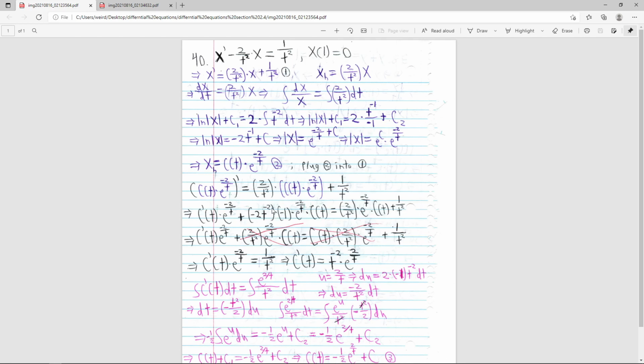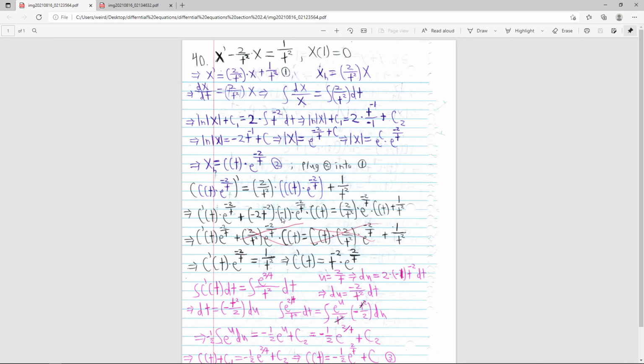When you have t squared, the derivative is 2 times t, like that. In this case, it's t to the negative 1, so negative 1 and t to the negative 2 power comes, so it's 1 lower, because it's negative 1 minus 1 times negative 1.